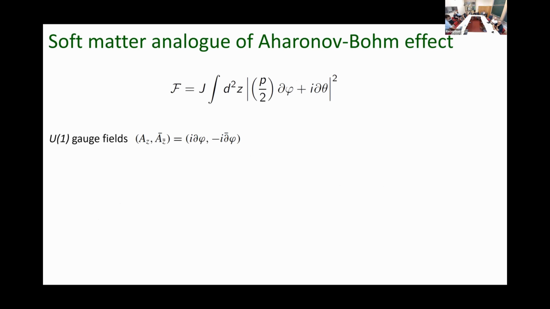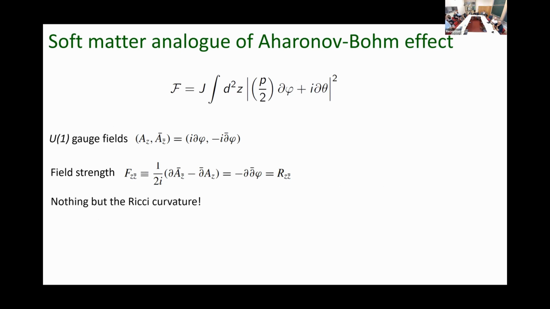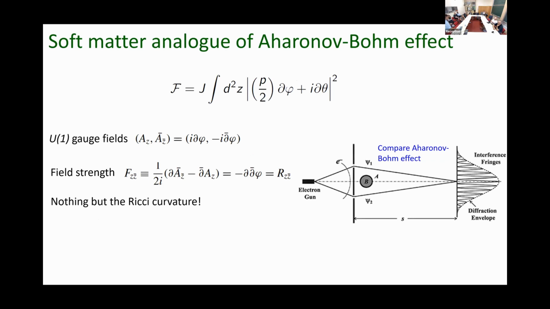If we define a U(1) gauge field A, which is roughly del phi, then if you compute the field strength, you can show that it equals the Ricci curvature. So it's called the analog of the Aharonov-Bohm effect. There's a solenoid magnetic field, and because of this magnetic field, if you send electrons around in different paths, they pick up phases relative to each other. That's exactly the same thing that happens here because of the presence of curvature.